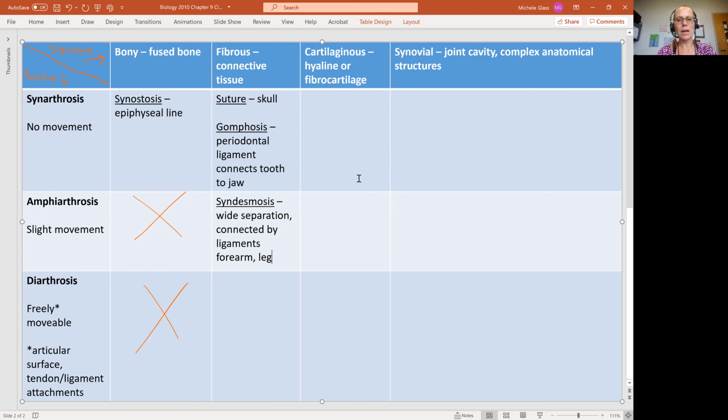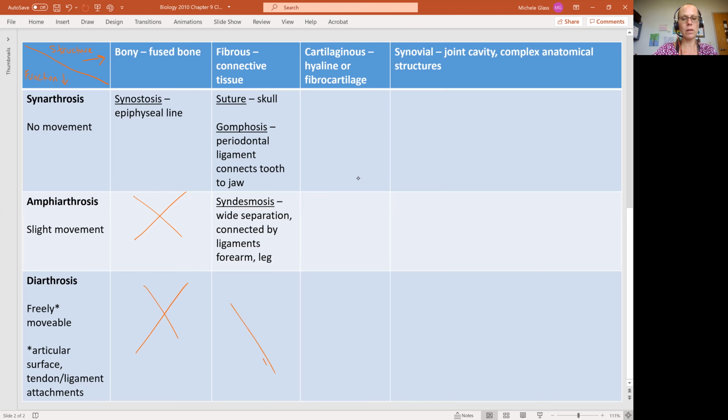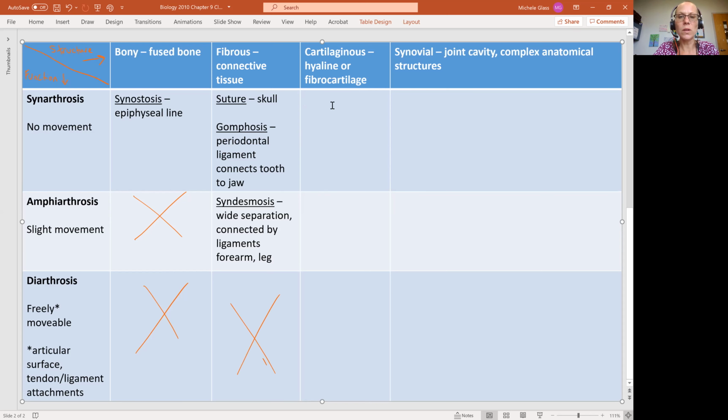Our next, okay, so finishing up this column of fibrous, we don't have anything in the bottom box. Moving on to our column cartilaginous. In this case, the connection between bones will be bone to hyaline cartilage or bone with fibrocartilage.